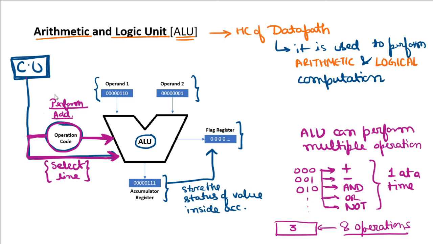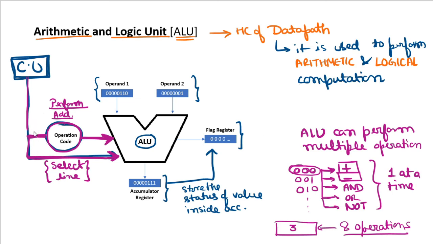So what is this operation code? The control unit will send this 3-bit information, which tells which operation to perform, whether addition, subtraction, or whatever. Let's suppose 000 is addition.